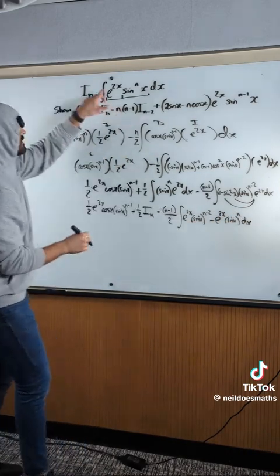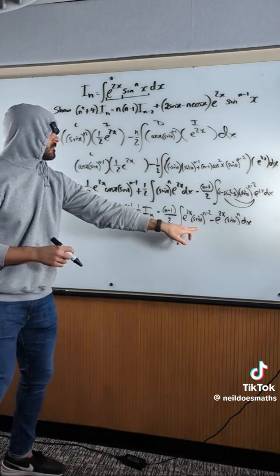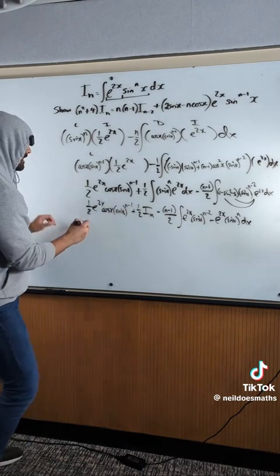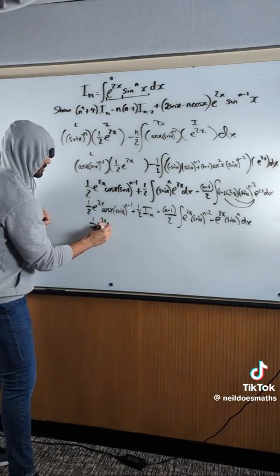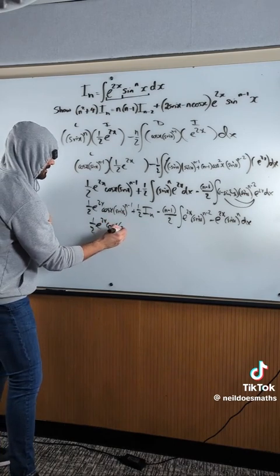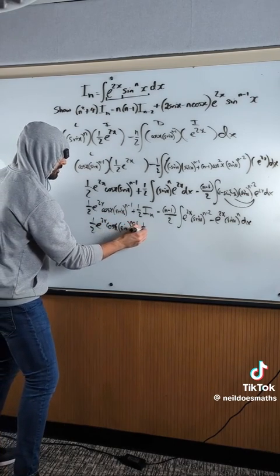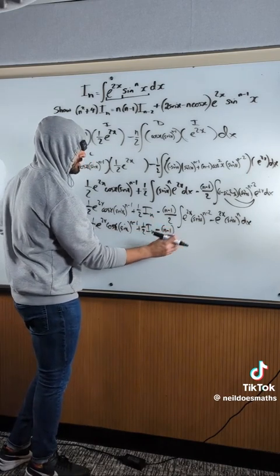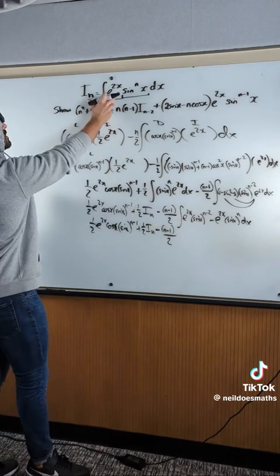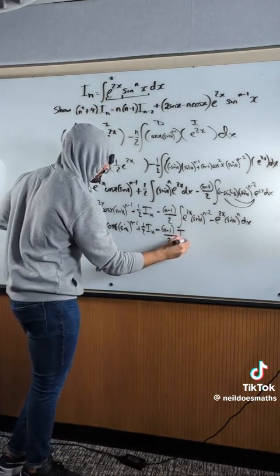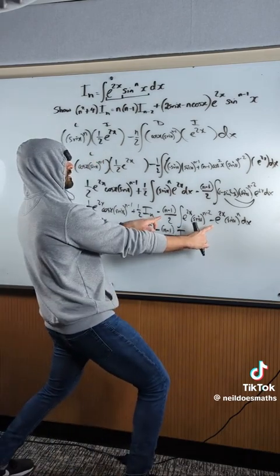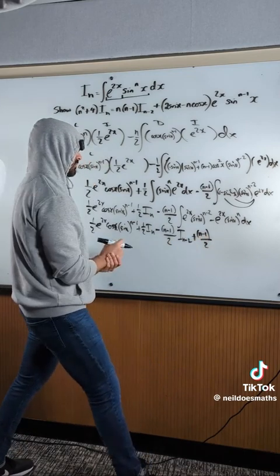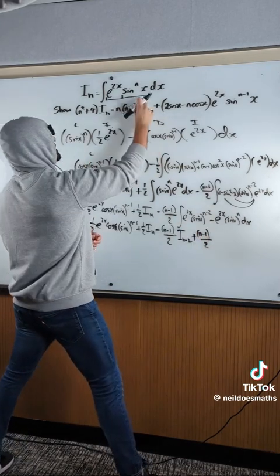But that's Ian again, and this is this, but with n minus 2. Now this, remember, is Ian, but with n minus 2. But then when you multiply with this, it becomes plus n minus 1 over 2. That is Ian.